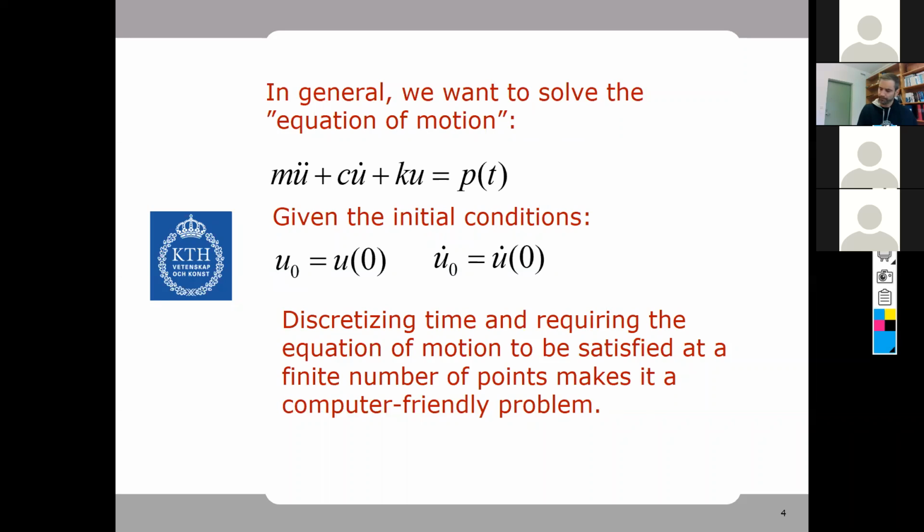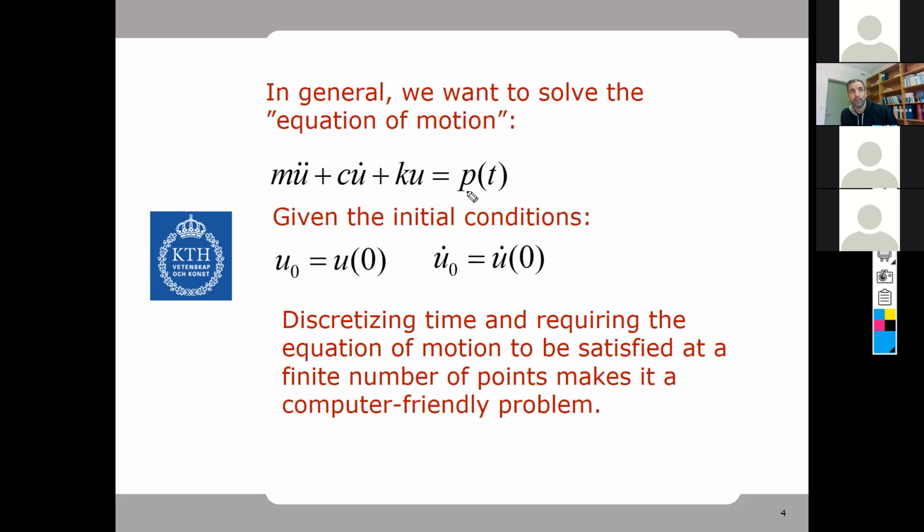one problem with this equation is that, as you can see, it needs to be fulfilled at every single point in time. So the sum of these three quantities needs to be equal to this quantity at every point in time. And that, of course, means an infinite amount of points.